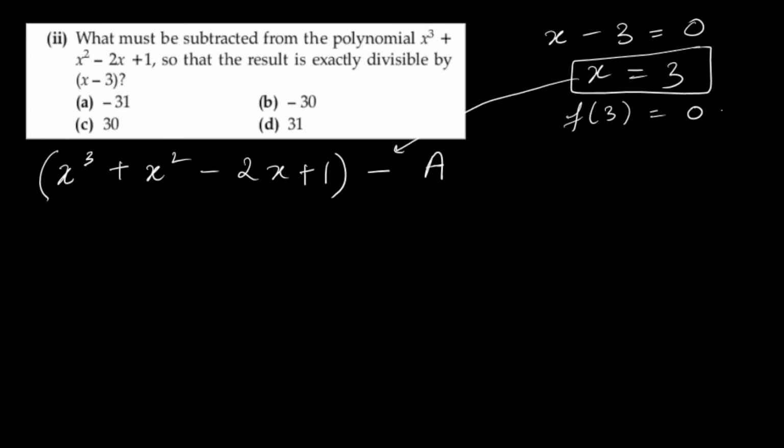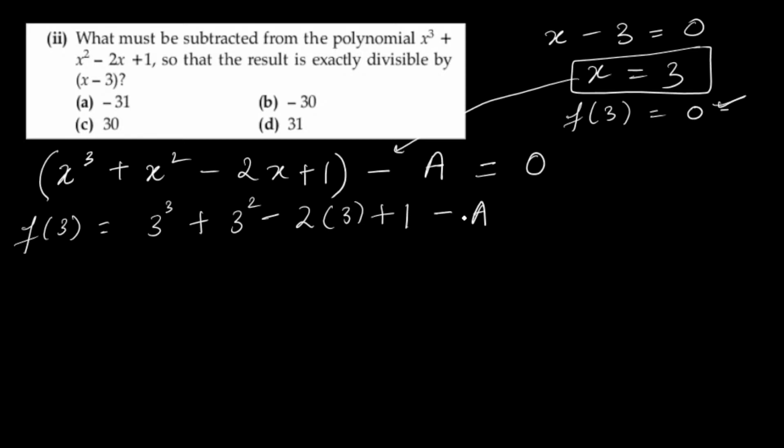Suppose we are subtracting a from this polynomial and the answer we will get is 0. So now I'm just going to substitute the value of x as 3. So f of 3 is equal to 3 cube plus 3 square minus 2 into 3 plus 1 minus a. Because they are asking what must be subtracted, I'm just subtracting a. So we will find this a only. f of 3 is equal to 0.